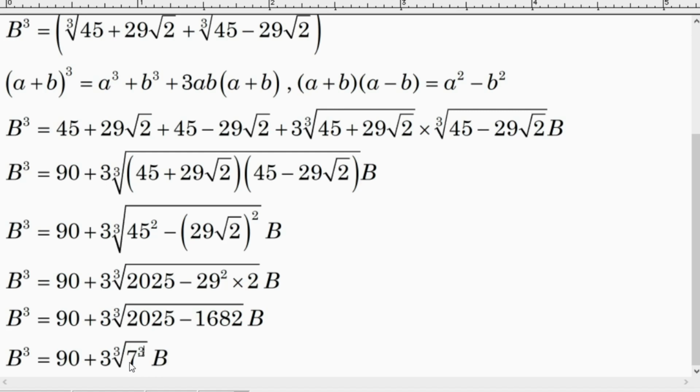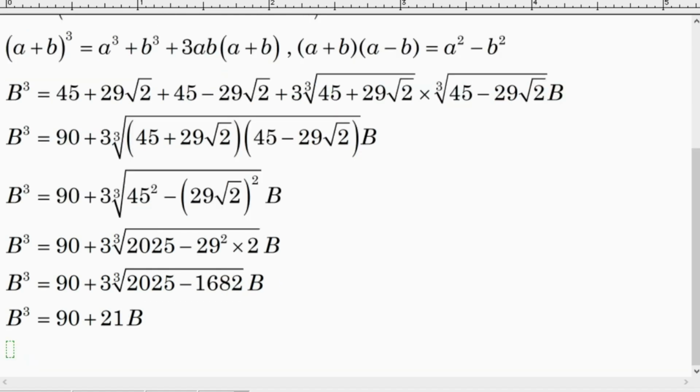So now we have the cube root of 7 cubed, and the cube root and the cube simplify with each other. So we get 3 times 7, and 3 times 7 equals 21. Now we have B cubed equal to 90 plus 21B.